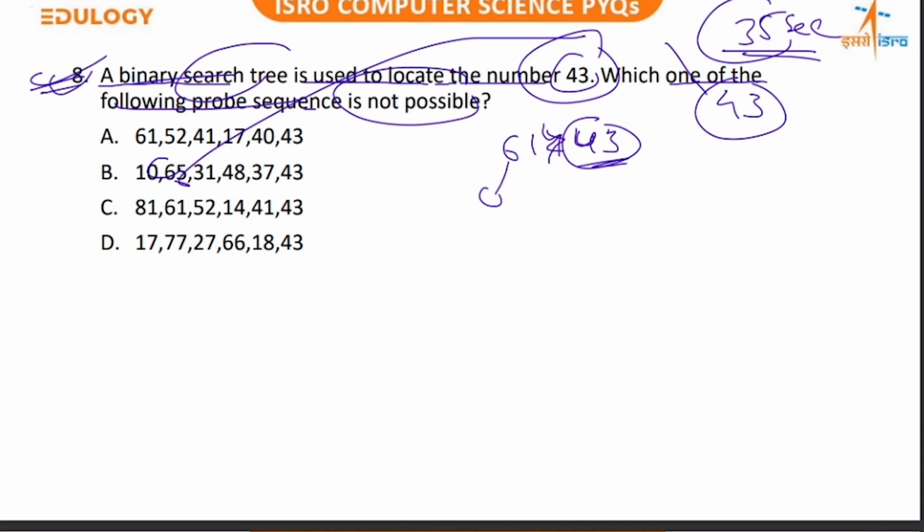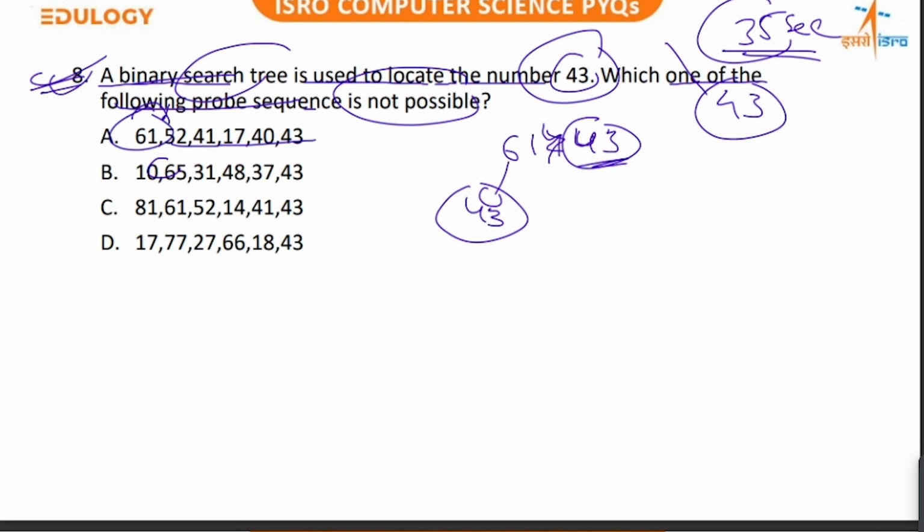Now 43 is on the left side of 63, so all the remaining elements are smaller than 63. Okay, now what we have to do?